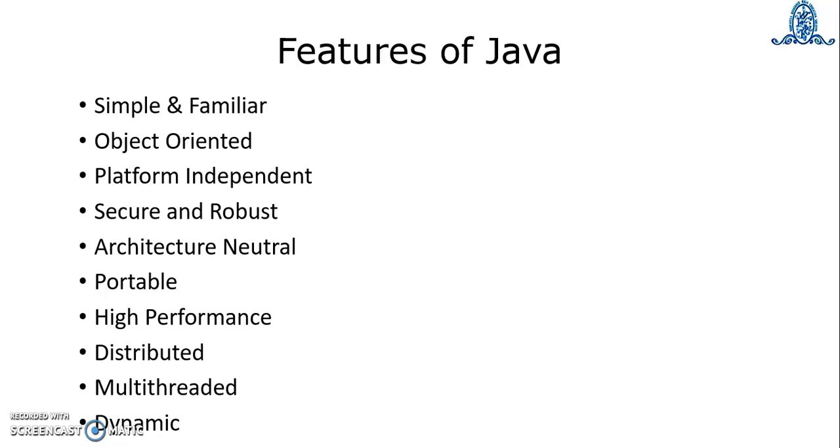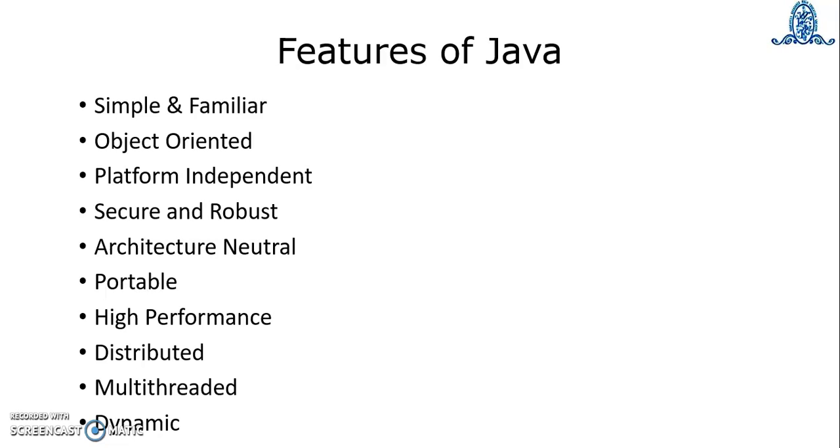Object-oriented. Java is called an object-oriented programming language because it supports OOP concepts like inheritance, polymorphism, data encapsulation, data abstraction, etc.